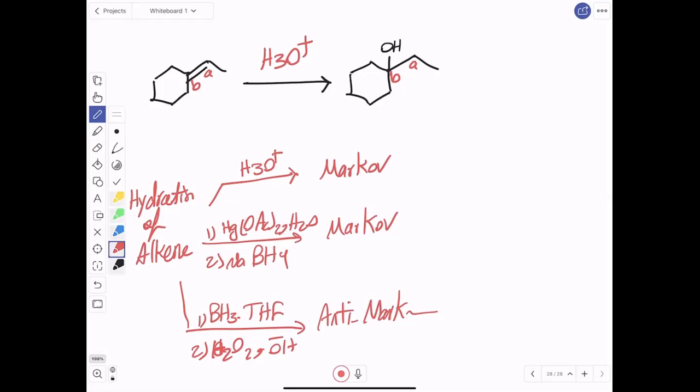So can I use oxymercuration, demercuration for this reaction as well? Yes, you can. So it's either H2O and acid or oxymercuration, demercuration. Either one will work. Can I use hydroboration oxidation as well? No. Why not? Then you will have the OH on carbon A, because the product will be something else.